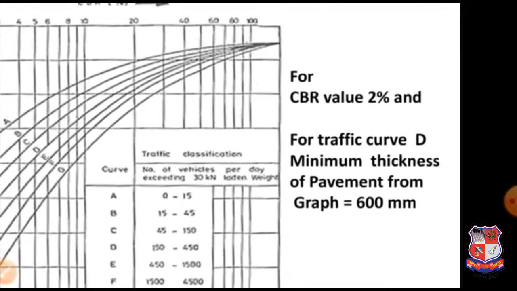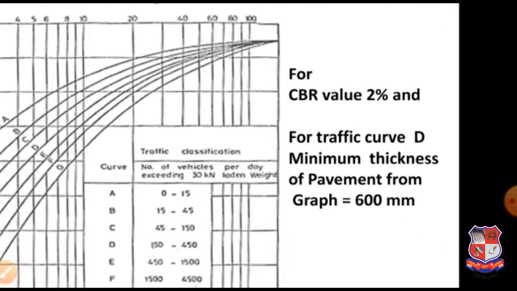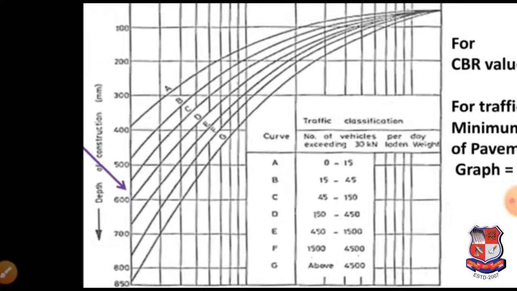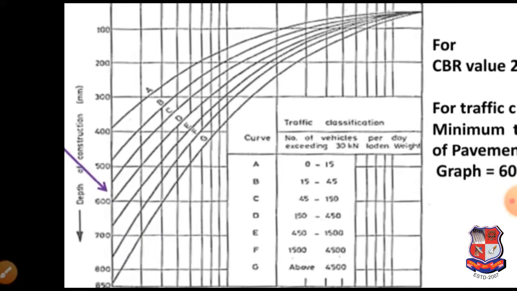Suppose we consider the traffic classification curve D, 150 to 450 vehicles per day exceeding 3 ton load and weight. For traffic curve D and CBR value 2%, the arrow gives the depth of construction as 600 millimeter.